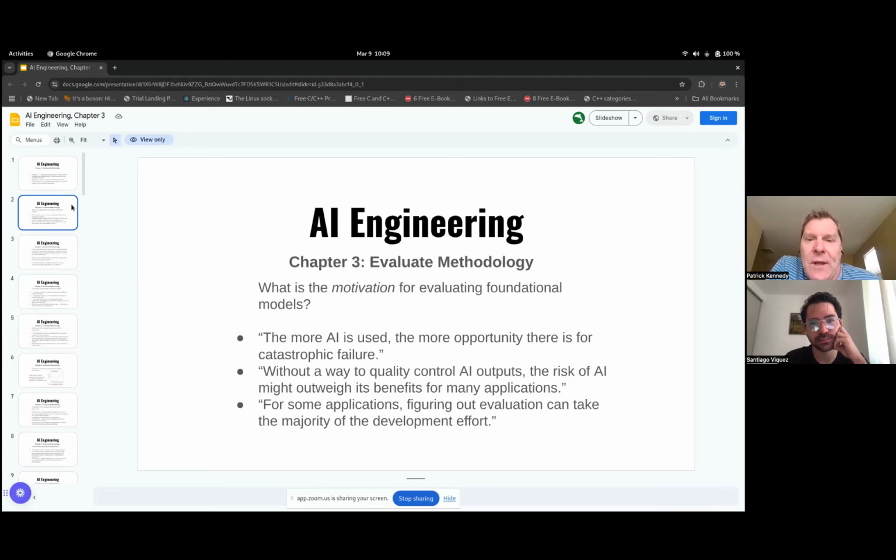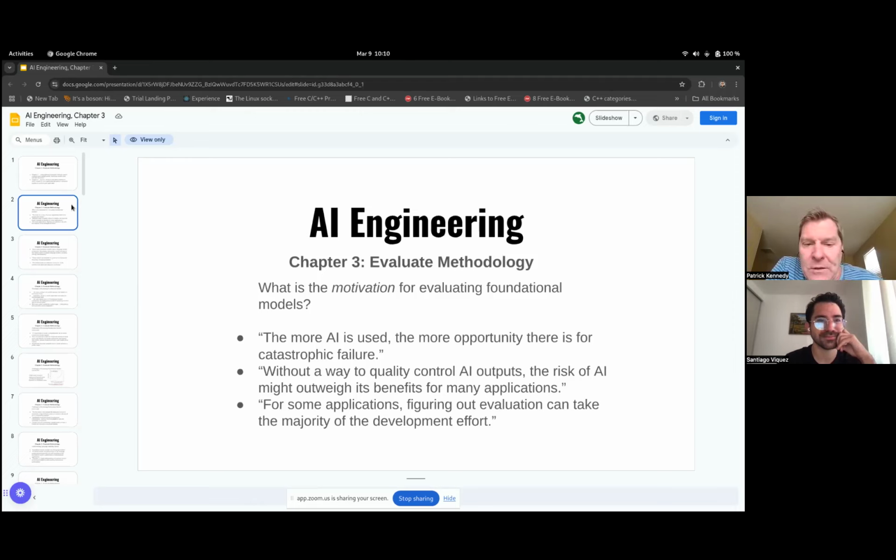What happens if you've got some AI intelligent software running your business and it does something horrible and you lose all your customers? So we have to be able to evaluate models so that we can prevent going bankrupt. It's very important.